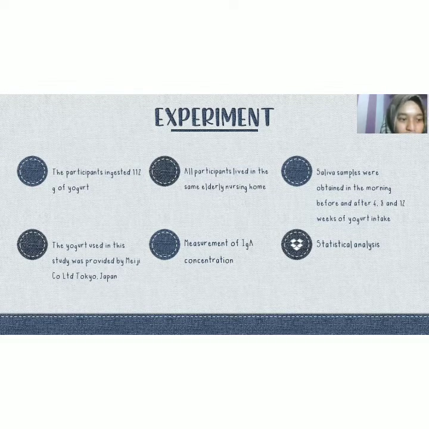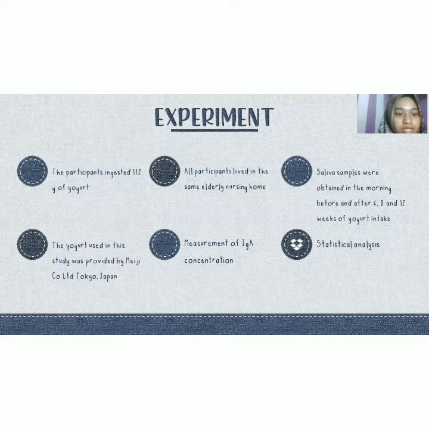These strains were originally isolated from traditional Bulgarian yogurt. The cell counts of Lactobacillus bulgaricus and Streptococcus thermophilus in the yogurt were standardized by Meiji Co., Ltd. Refrigerated yogurt was delivered to residents of each subject once a week and stored in the refrigerator until intake.